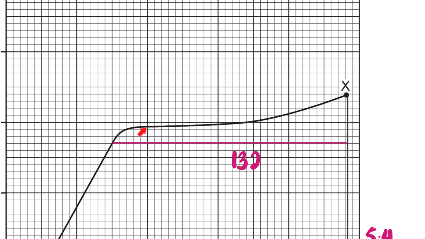Let's say this is 13, 14, 15, and so on up to 30. Let's say this is 31, 32, and so on up to 46.